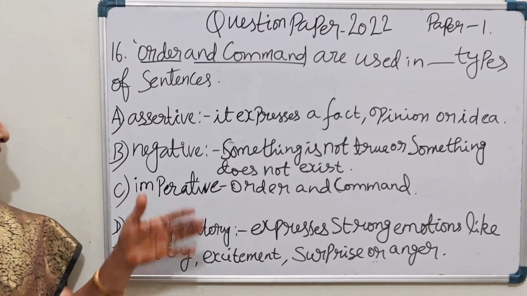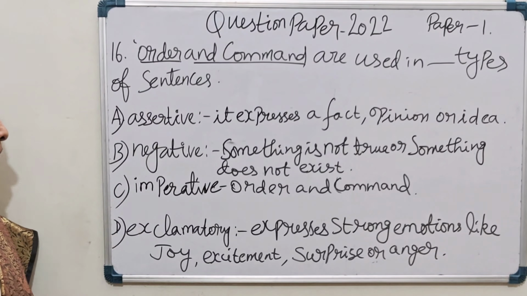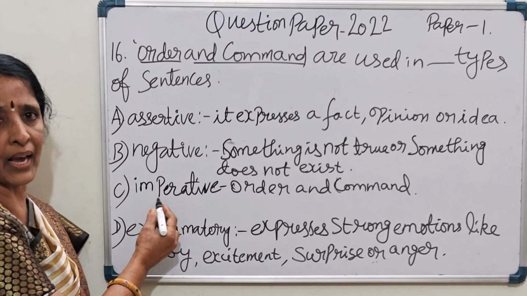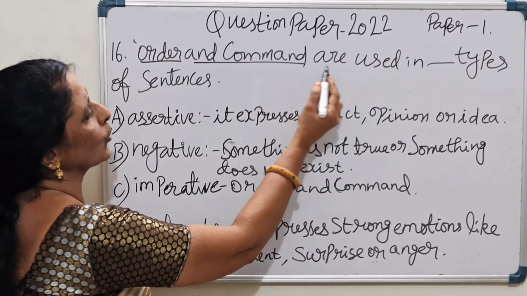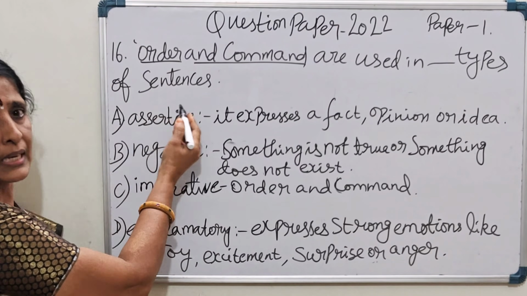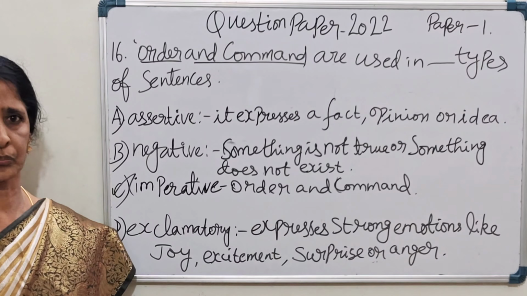Now I have clearly explained all the sentences. Now you can find out which is the answer. Imperative sentence: order and command are used in imperative types of sentences. Answer option C is the answer.